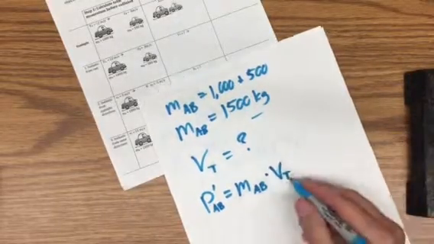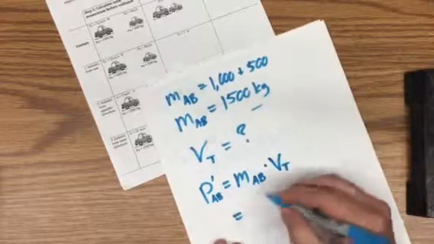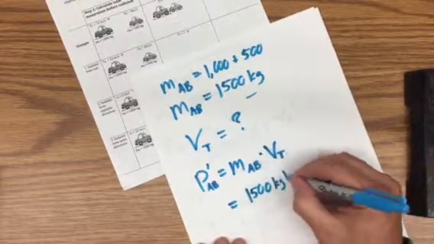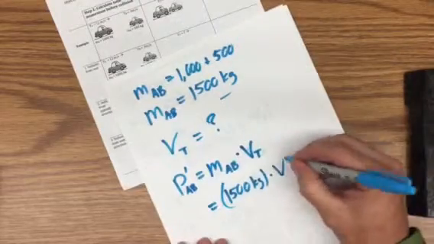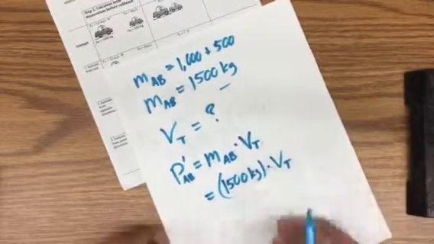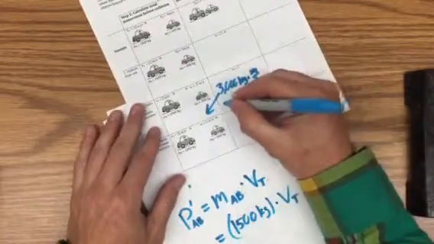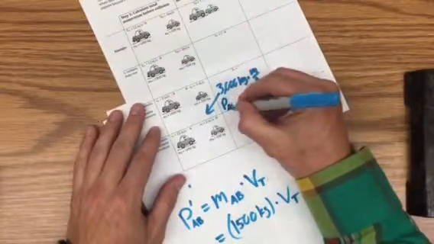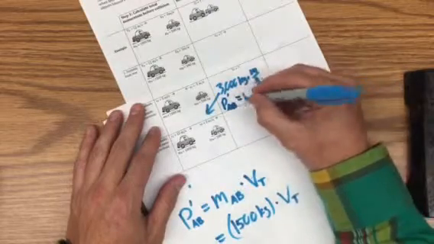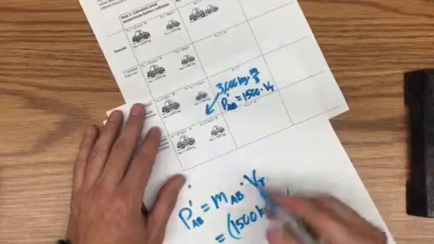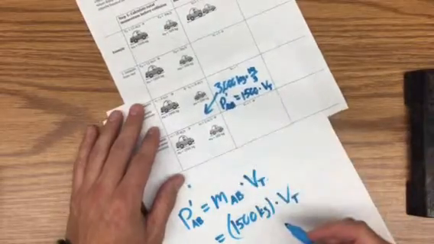The car's speed we don't know, but we do know the mass is 1,500. So this is what we would put here: P AB prime equals 1,500 V total. Again, that 3,000 should have been over there. Okay?